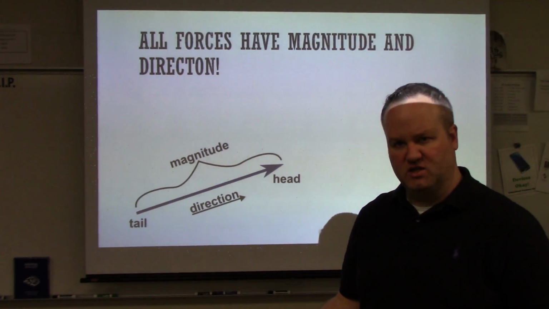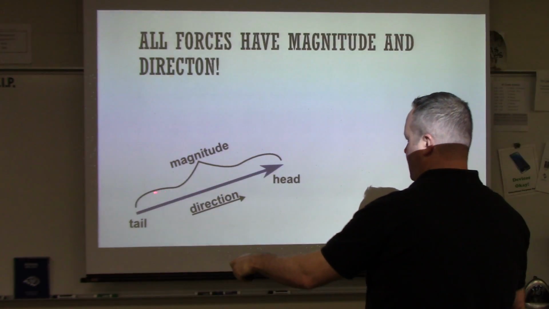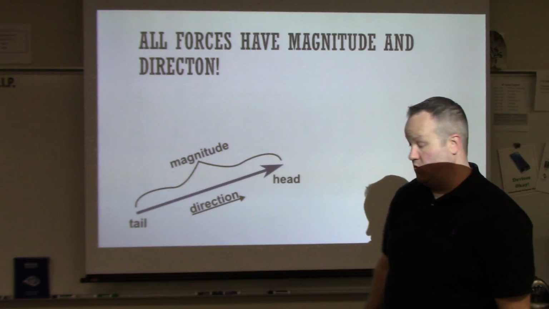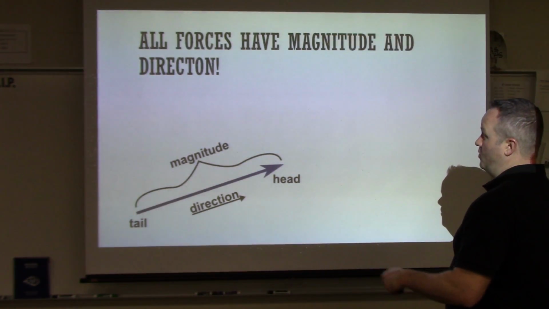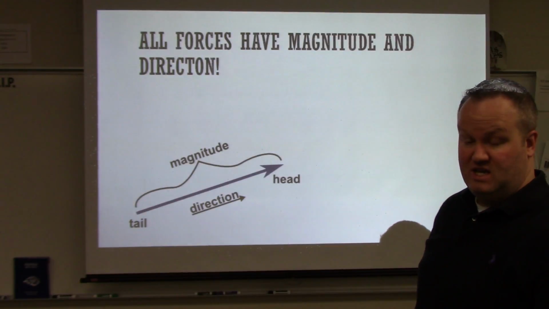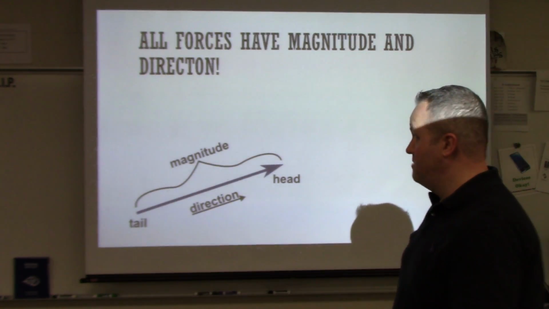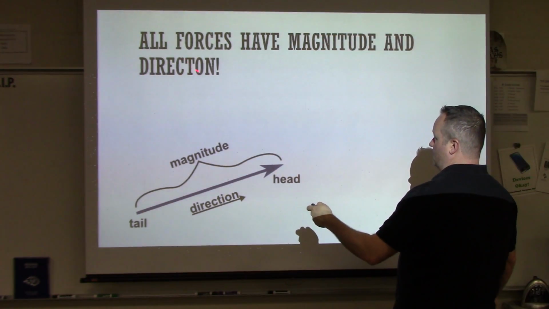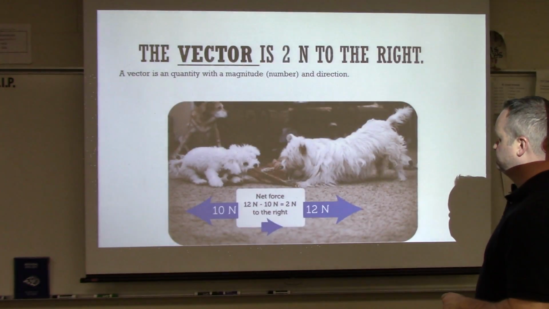So if we're showing a picture graphically, we're going to have a longer line to show a greater amount of force and a shorter line to show a smaller amount of force. Really, velocity is a vector quantity. What that means is it has magnitude, or a number, and direction. So be aware of that.